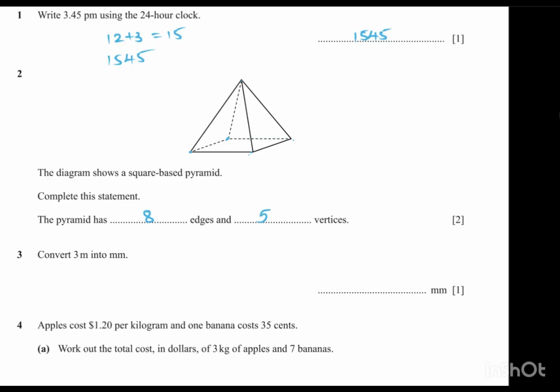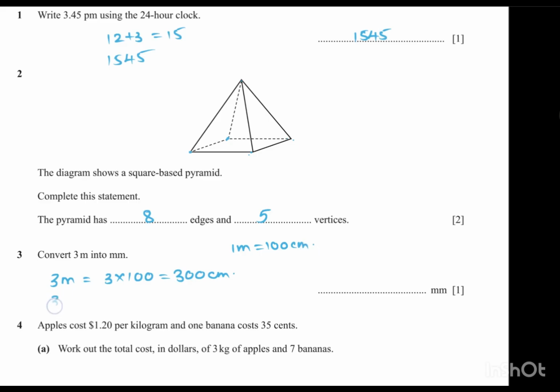Question number 3. Convert 3 meters into millimeters. Now meters to millimeters, if you know what is 1 meter in millimeters, you can directly multiply. Or if you know meters to centimeter and then centimeter to millimeter, you can do that also. So 3 meters will be 3 into 100, that is 300 centimeters, because 1 meter is 100 centimeters.